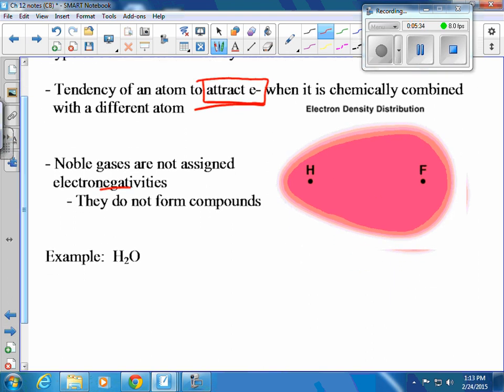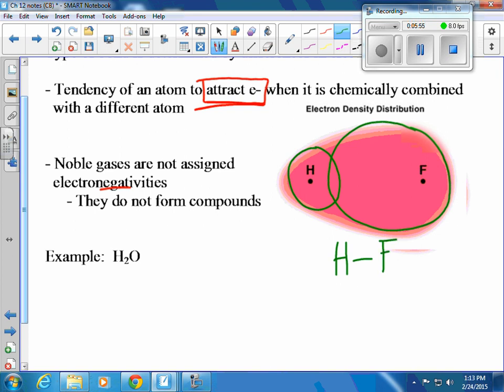But an example that I have over here, I have hydrogen fluoride. And kind of what I was showing you before is that the hydrogen was much smaller and the fluorine was a larger molecule. What happens is fluorine is the greatest electronegativity molecule that we have. And so I would draw it as H bonded to F. They are sharing those two electrons. And if you look at the electronegativity, fluorine is going to be the largest on the entire periodic chart.